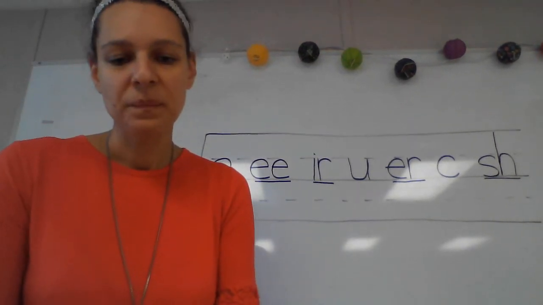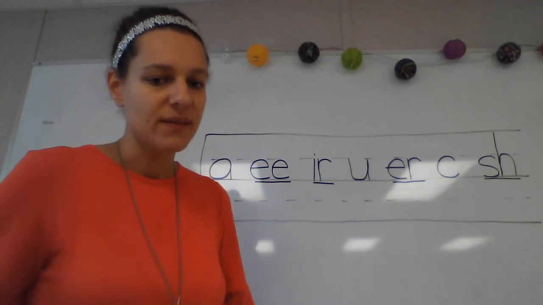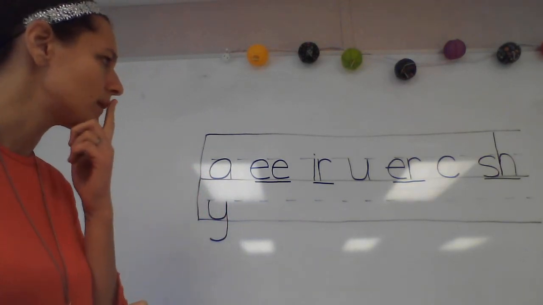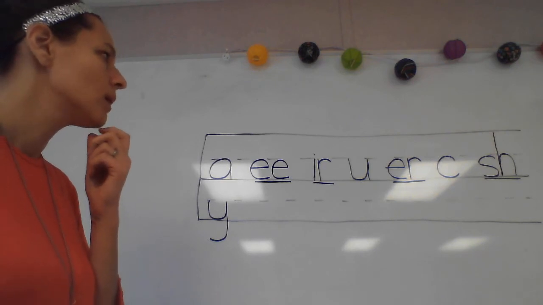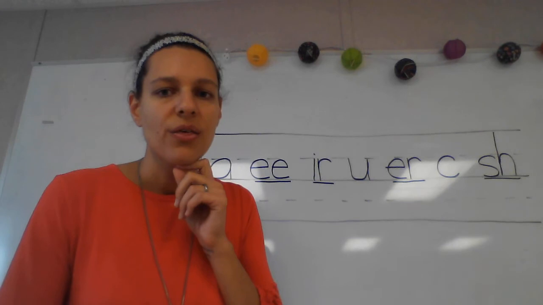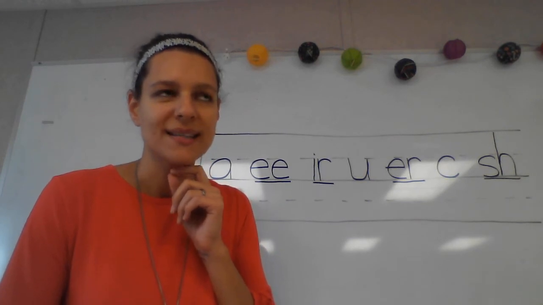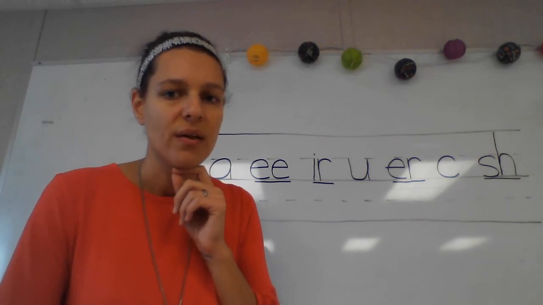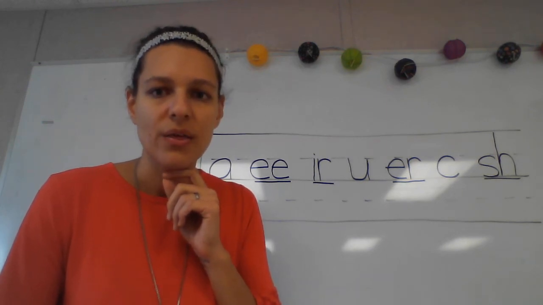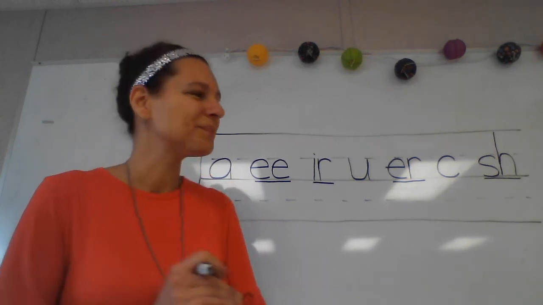All right. Our next phonogram is, let's see, which other one did I want us to do? Oh, that's right. All right, our next one is th. Say that with me. Th. What are you going to write? Good. Th.